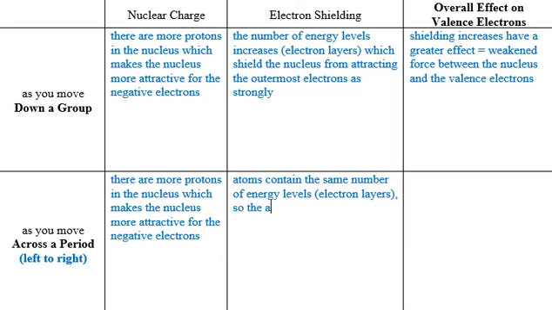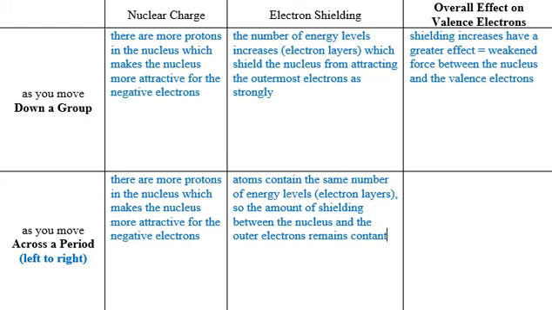So the amount of shielding between the nucleus and the outer electrons remains constant. Again, atoms contain the same number of energy levels or electron layers as you move across a period, so the amount of shielding between the nucleus and the outer electrons remains constant.